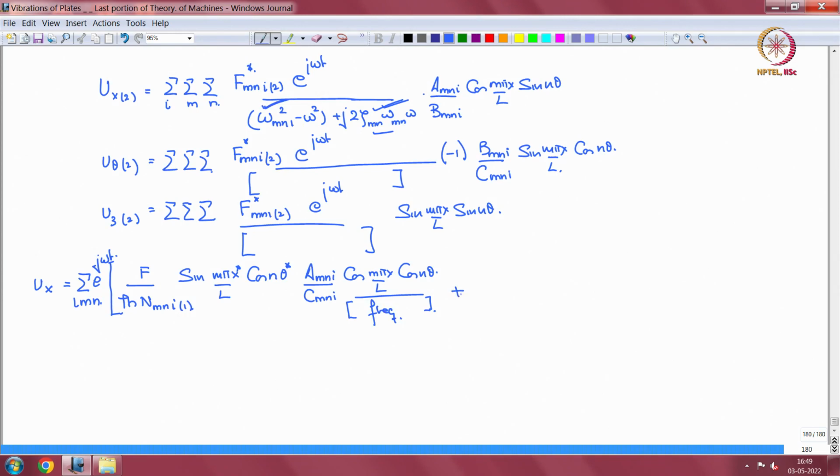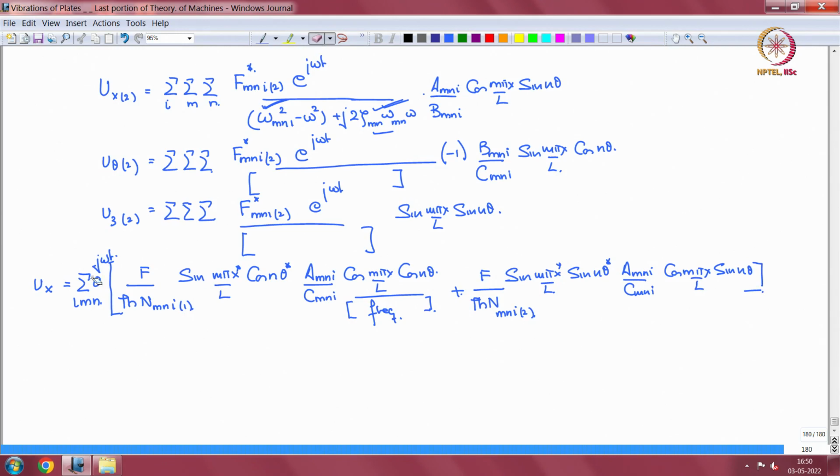Then plus f, the second set, f by rho h n m n I second set, sine m pi x star over L, sine n theta star, into a m n I by c m n I, cos m pi x by L sine n theta.